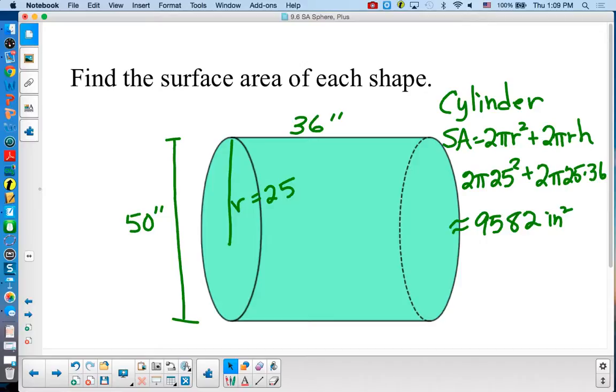On 520, these are the spheres. We'll just do 8 through 22 even on that page. Since we have a quiz tomorrow, give you a little bit that has every shape, 1 through 9.